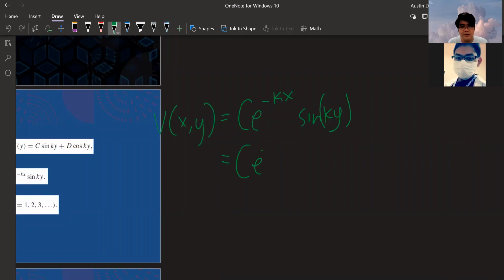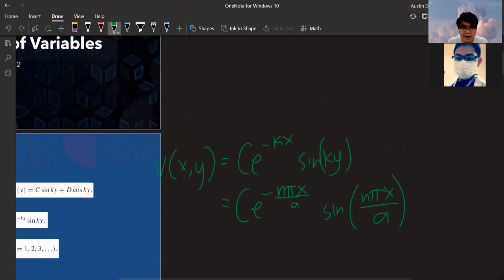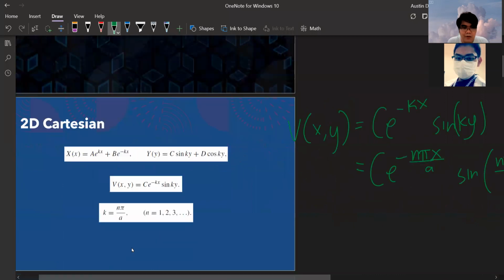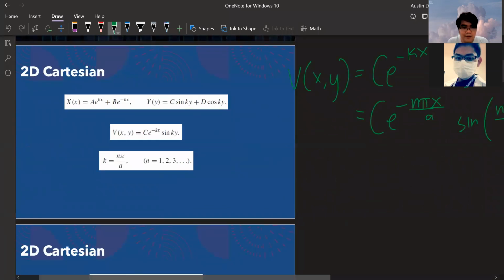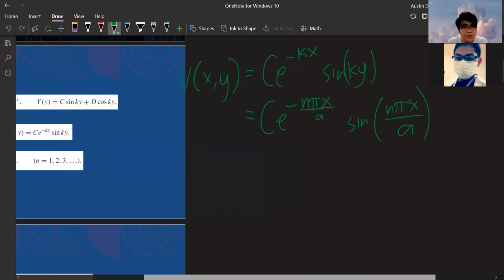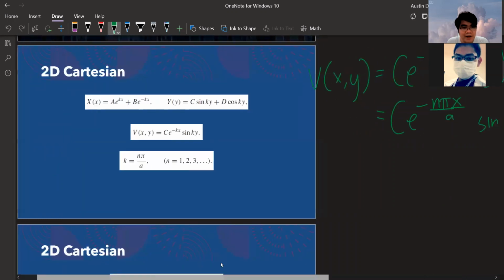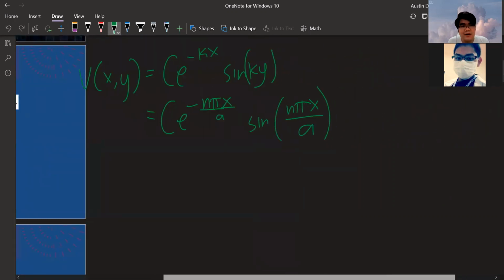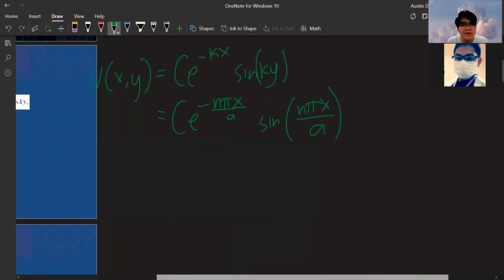C is equal to, okay. N pi x over, para lang di tayo malito. N pi x over a sine N pi x over a. Tama? Where n is... Our k is n pi over a. Sorry. I'm lost. Friday na, pagod na tayo.